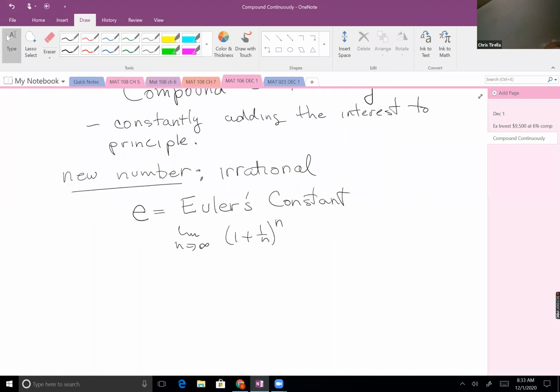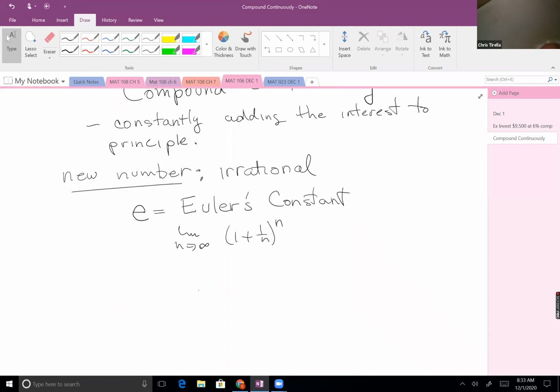E is on your calculator, but it's hidden a little bit. Can everybody please take your calculator and look at it? Somewhere on your calculator, you see a button log. Does everybody see their log button? Yes. Near the log button, there is another button, LN.